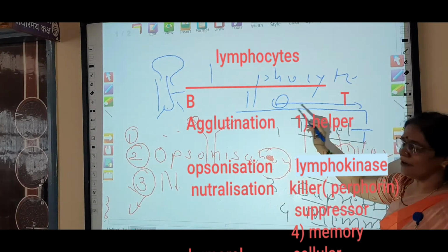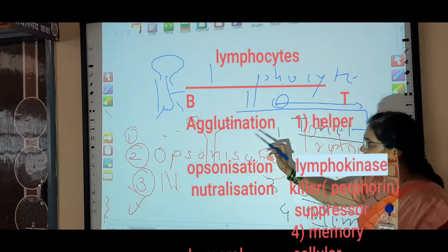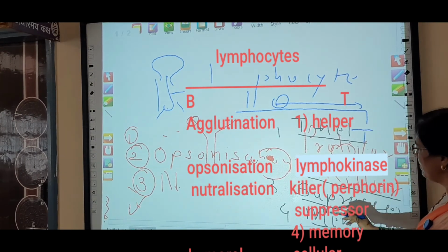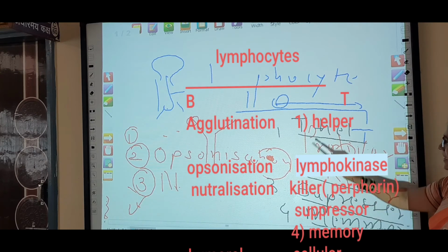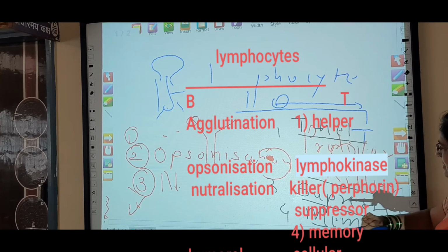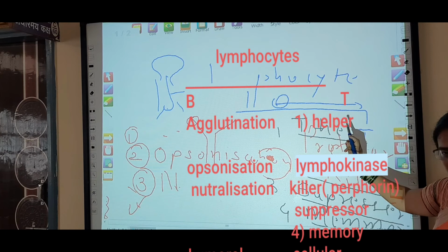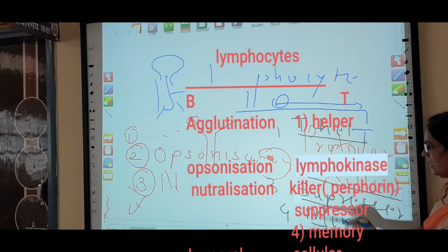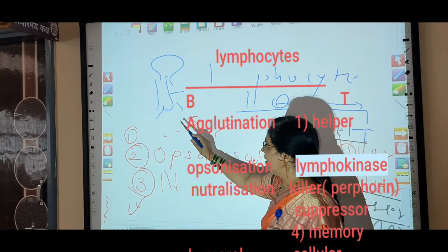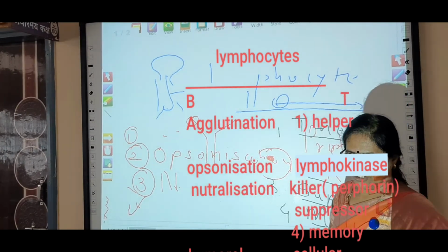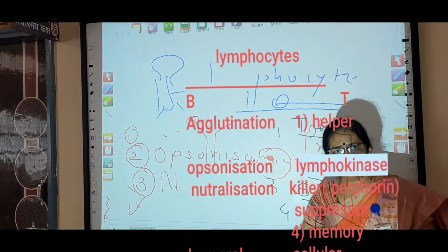So these are the functions of the different lymphocytes. The first is the T helper cell, second the T killer cell, then suppressor cells and memory cells, and the B lymphocyte produces the antibodies.